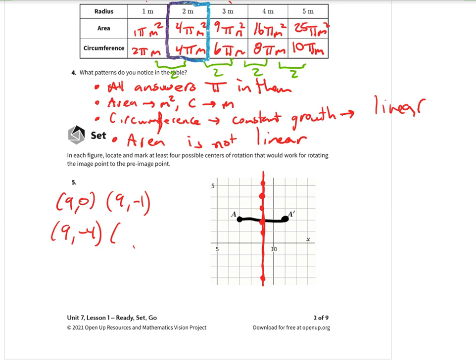Let's see here, 9, 1, 9, 2. There's a lot. So anything that falls on that vertical line would be okay, right? And it just say all the points. So that line right here, all points on line x equals 9.